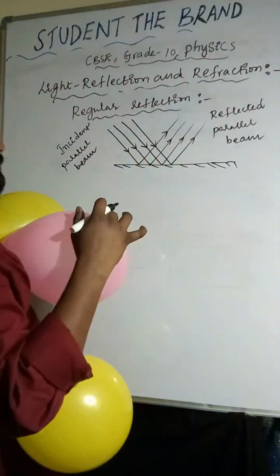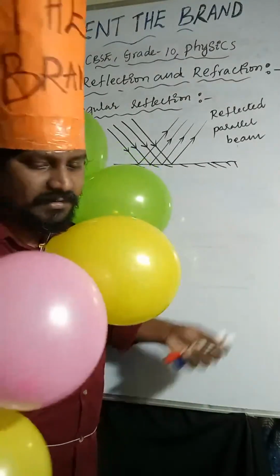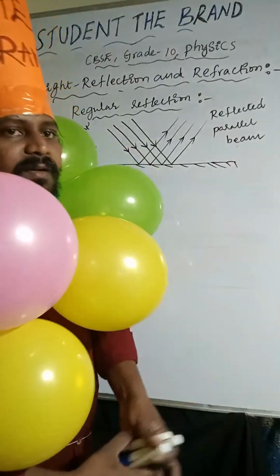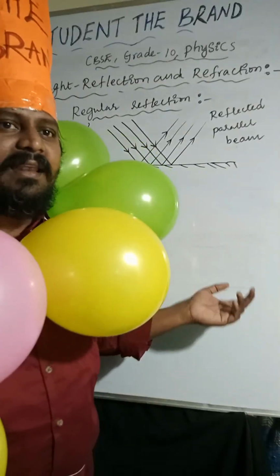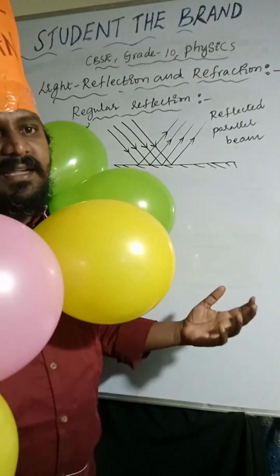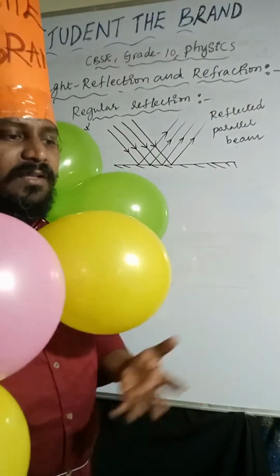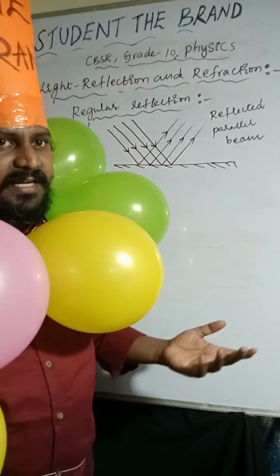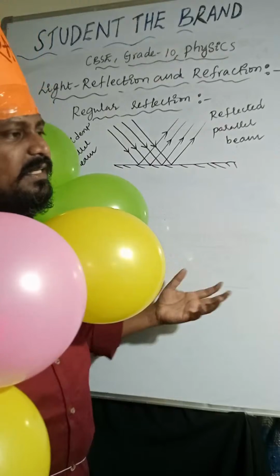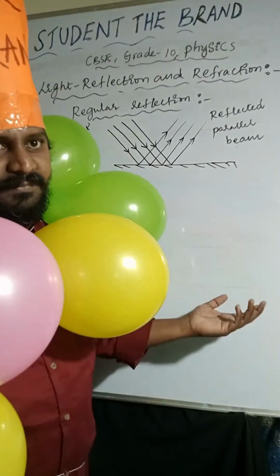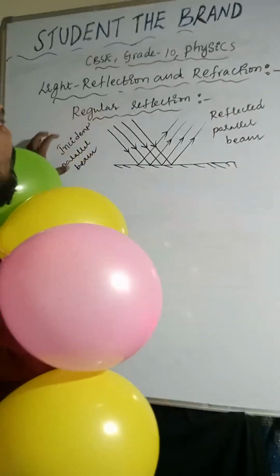Here you can observe that light rays generally come from an object. The object can be the sun, a bulb, a candle, anything. The source is what gives the light. Here I am taking an incident beam.